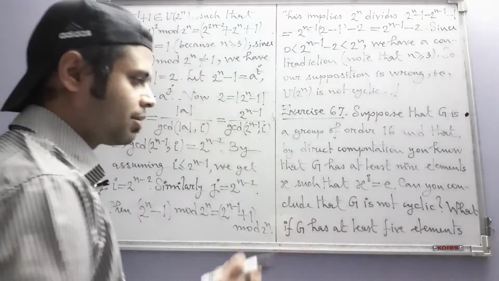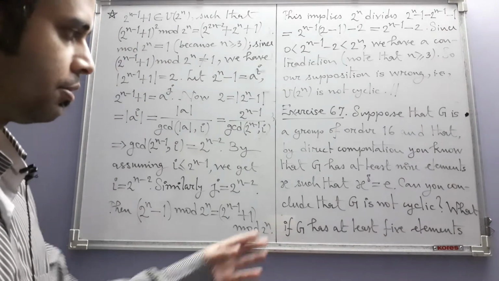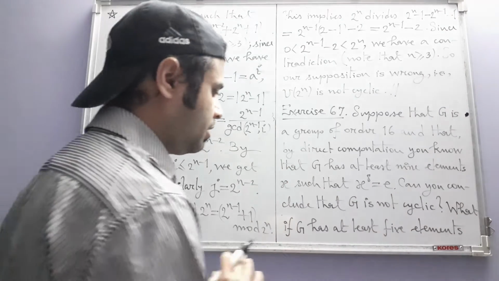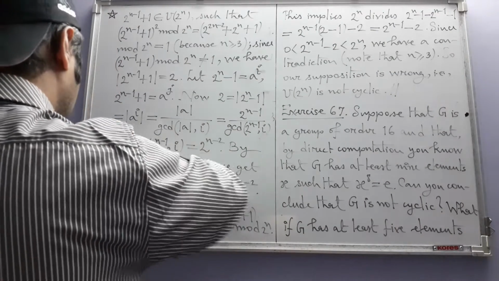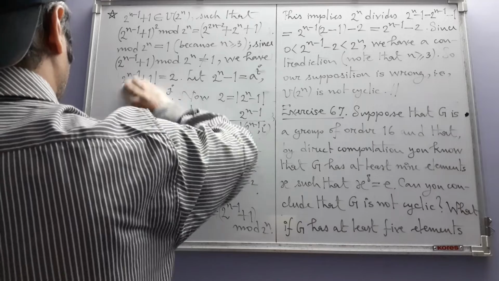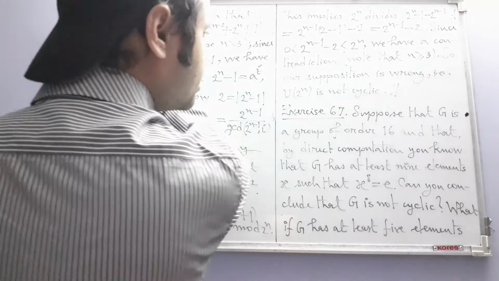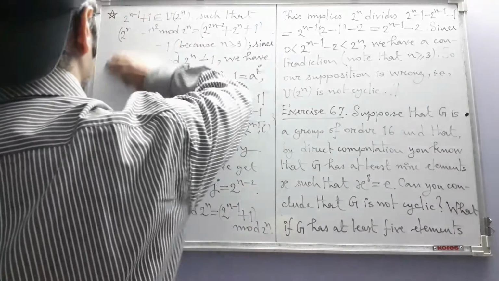This is a different G, not this G. If G has at least 5 elements, but the order stays the same, the order is still 16.